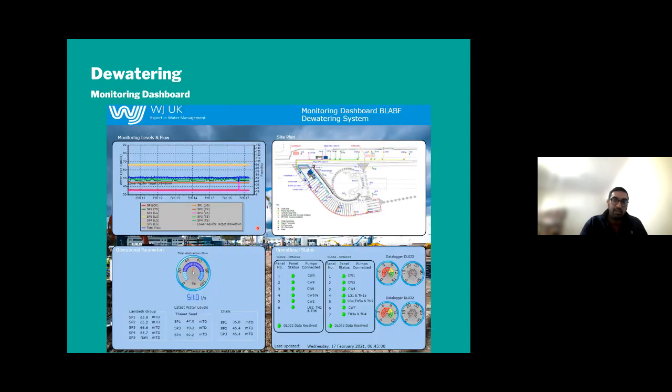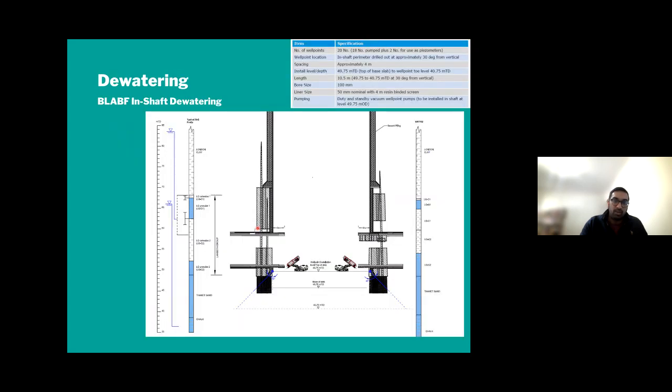This is the dewatering dashboard that was used on a daily basis to check how the water levels were reacting. We had to do a lot of in-shaft dewatering as well. And all of this feeds into the SEM process that we wanted to use in order to build this shaft.